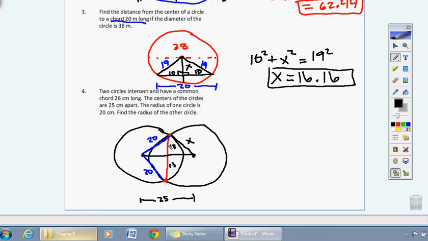Since this entire chord is 26 and I'm connecting the centers, the chord is being bisected, so I have a right angle. Let's go ahead and draw that in.